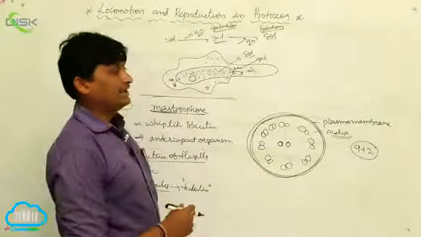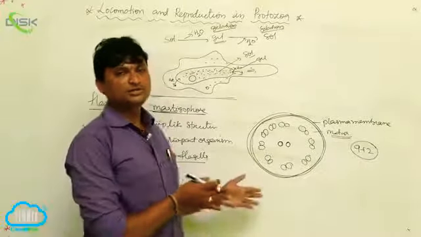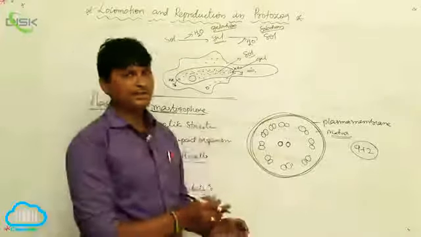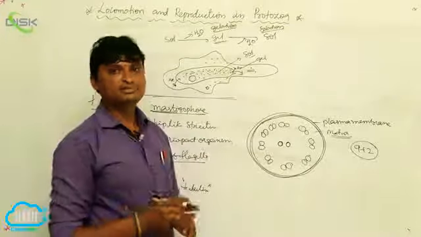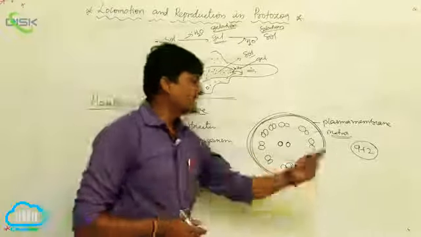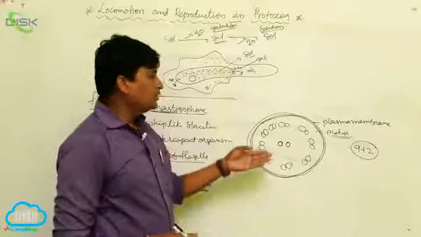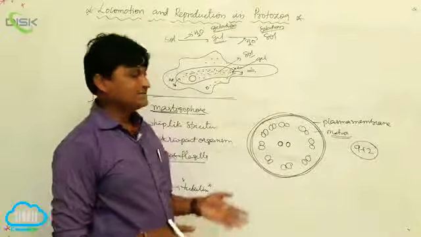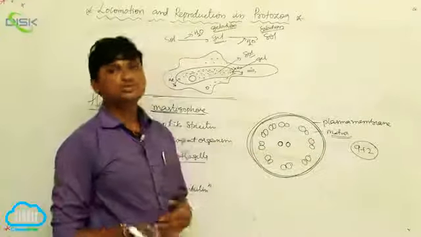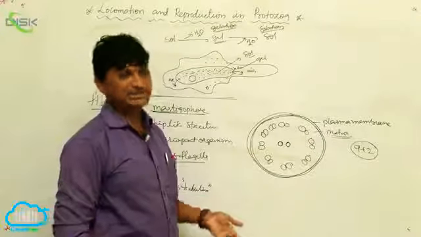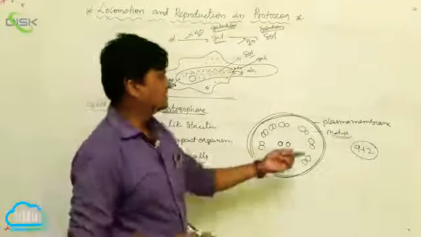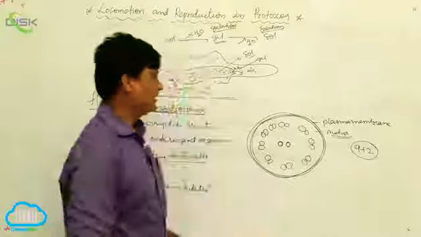Basically, this type of flagellum we see naturally in protozoa, and all eukaryotic flagella bear the same type of arrangement. But the flagella we see in bacteria do not possess this 9 plus 2 arrangement. Only eukaryotic organisms, that is protozoa, possess the 9 plus 2 arrangement, and also the spermatozoa in higher organisms, whose tails possess this 9 plus 2 arrangement.